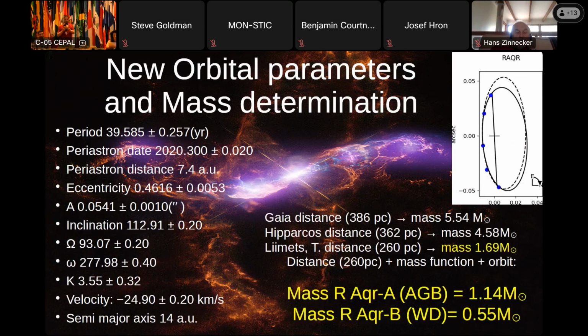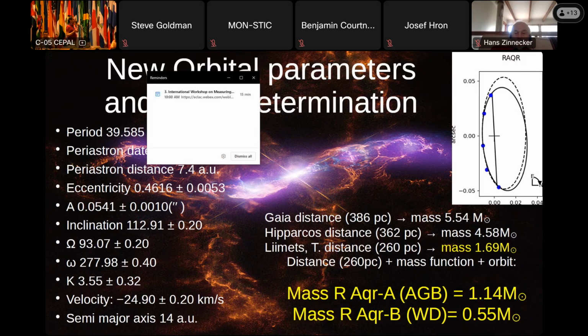But also we can derive a mass of the system. And so we get a total mass of 1.69 using the distance of Linnet. By the way, if we use the distance proposed by Gaia or Hipparcos, we find masses that are completely unrealistic.